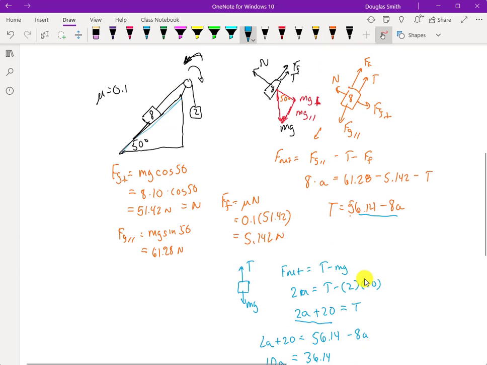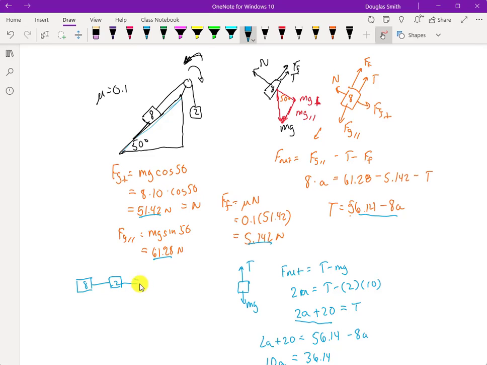Now, this one you can also do as a system as well, very much like the other one. You still have to calculate these values here, the 51.42, the 61.28, the 5.142. That's still the case. Once you have those, you can think of it like this. Here's the 8.